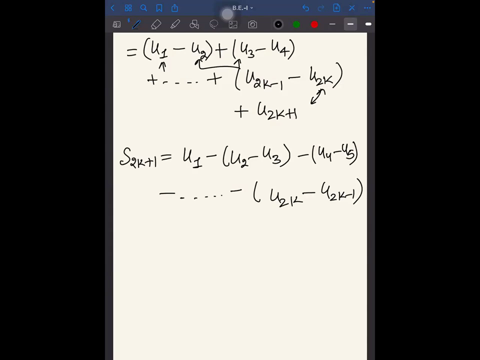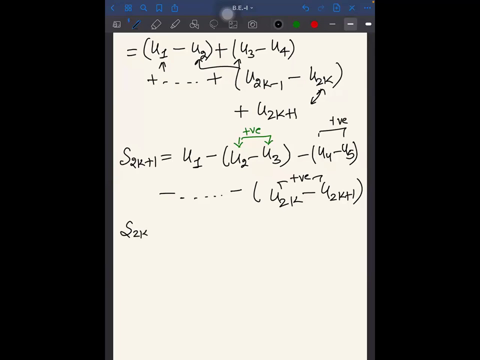Now can you tell me, is this a positive bracket? Yes, all the brackets are positive.